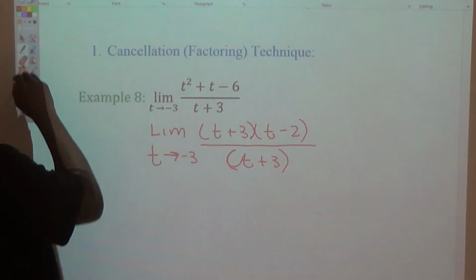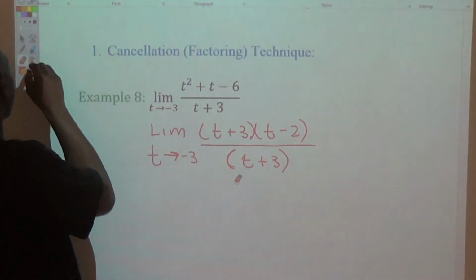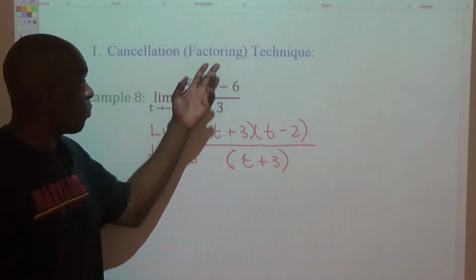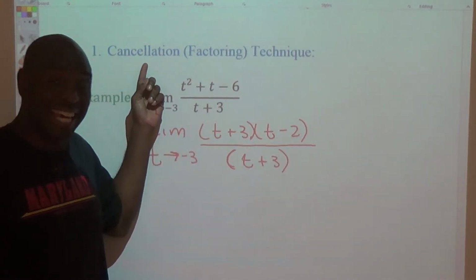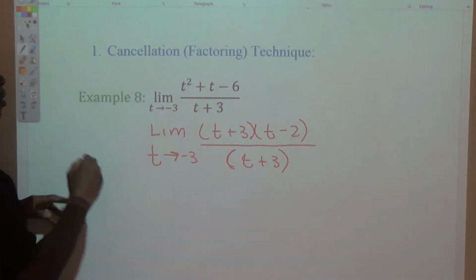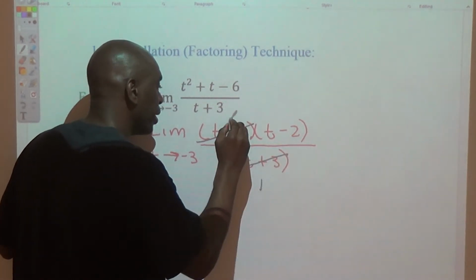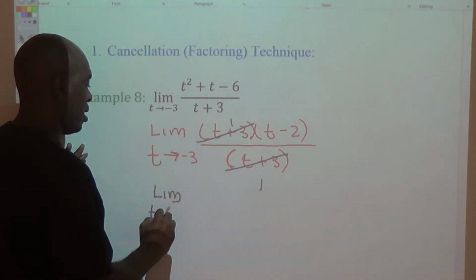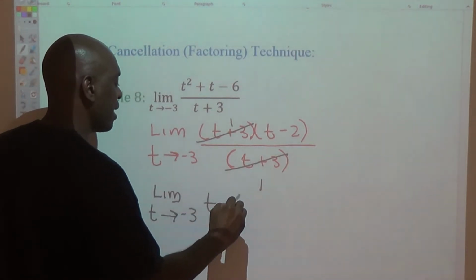So now our numerator is factored. You see that? And then after we factor it, then we can cancel. Oh, look. t plus 3, t plus 3, they both go to 1. So now I'm going to have the limit as t approaches negative 3 of t minus 2.